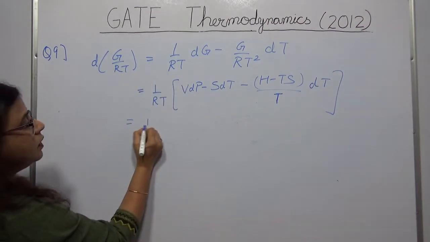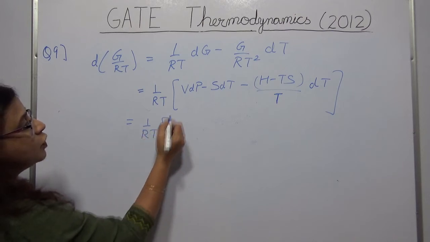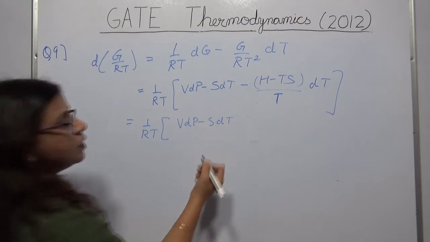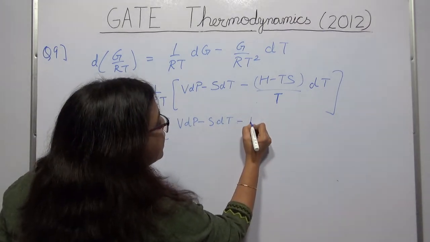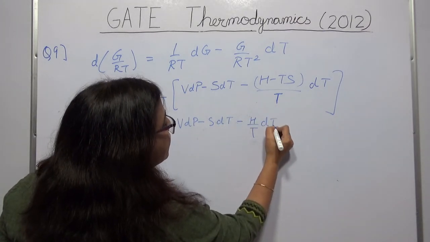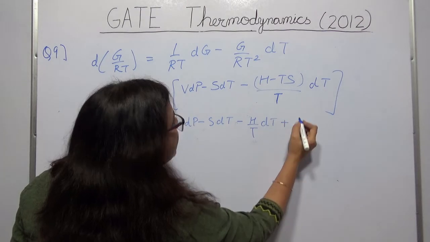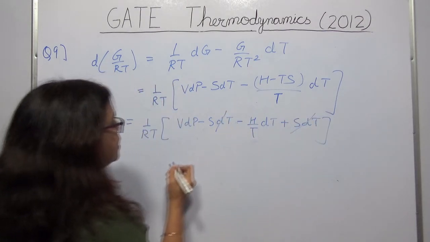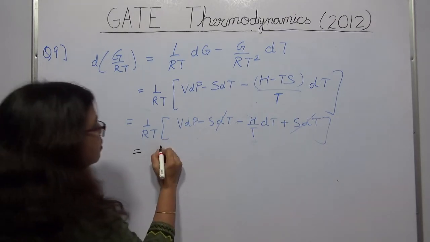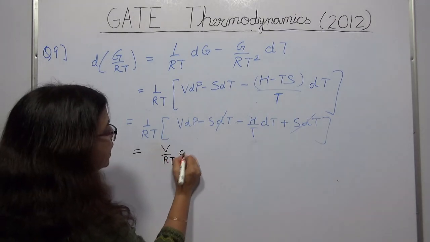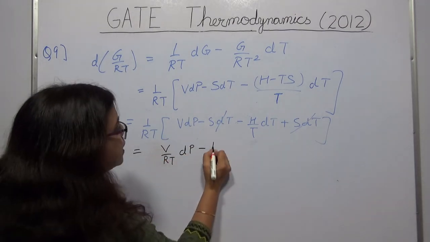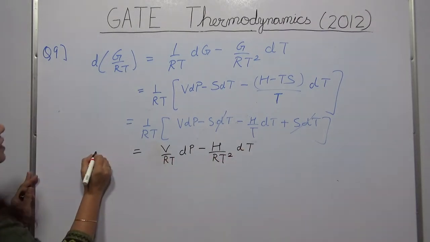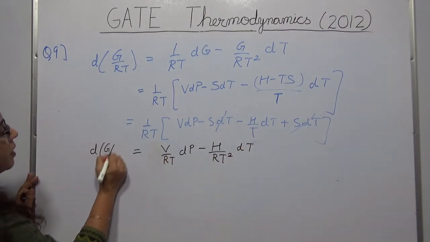dG is nothing but V dP minus S dT, and G is H minus TS. RT I have taken out common, so the remaining is only T, multiplied with dT. Now let's open the bracket. What you have is V dP minus S dT minus H by T dT. T will cancel, so I am left with S dT. Now this S dT will cancel, and this equation becomes V upon RT dP minus H upon RT square dT, and this is equal to d(G/RT).